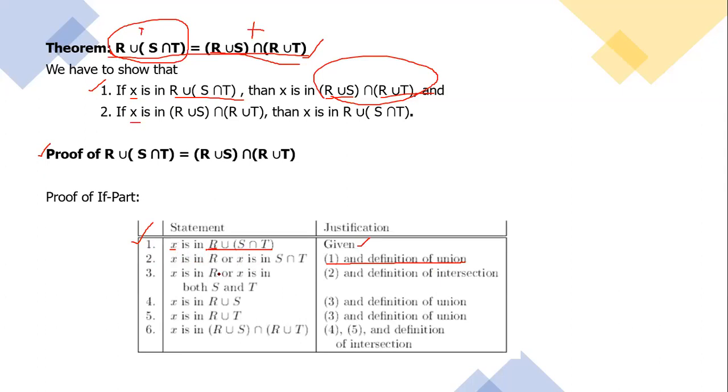Particular X is present in R, otherwise here. Both the things are joined by union, right? So X may be in R, otherwise in this term.